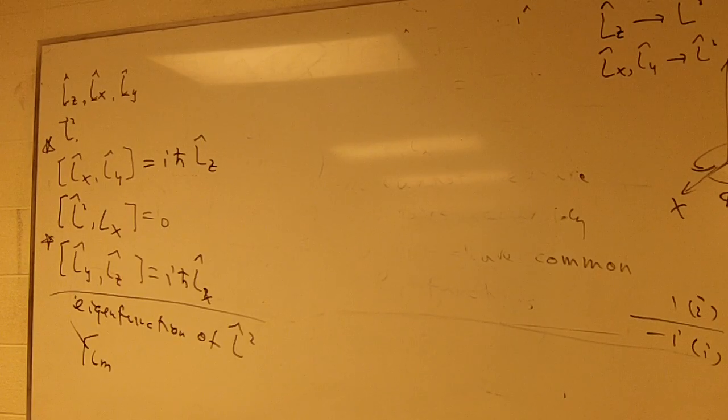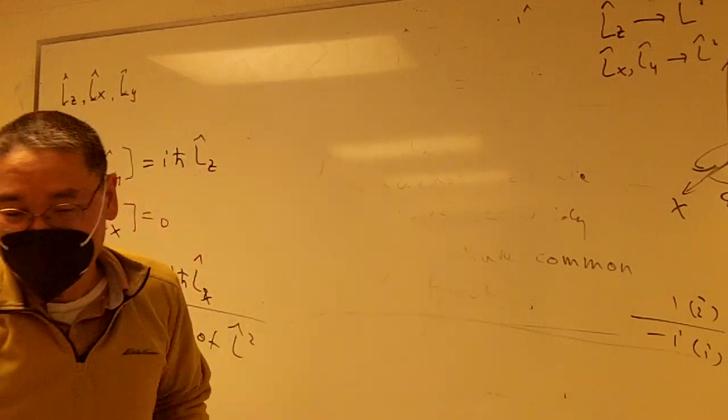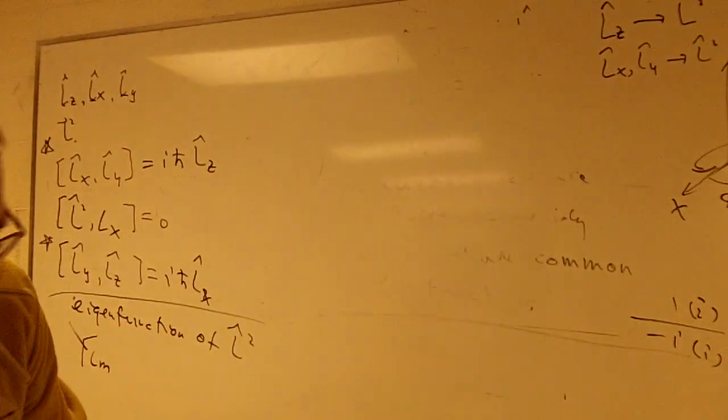So that's our job. Essentially, we start with the eigenfunction of Lz, and now we gradually move on to the eigenfunction of L squared. That's the logic we are following. The next job is to figure out how to find the theta part. I call it item number 4.